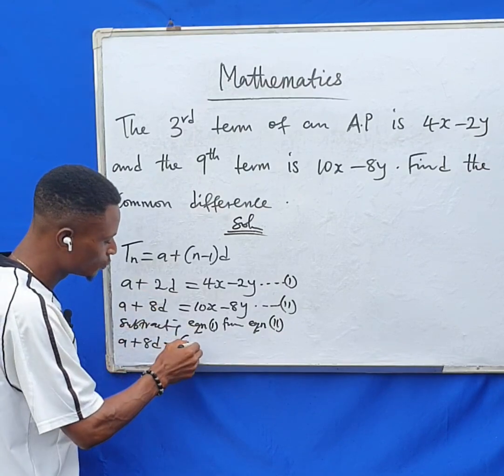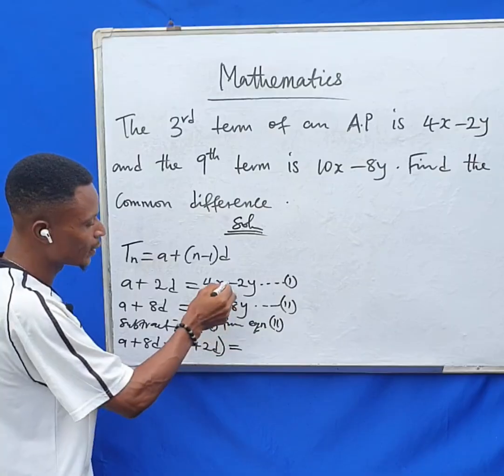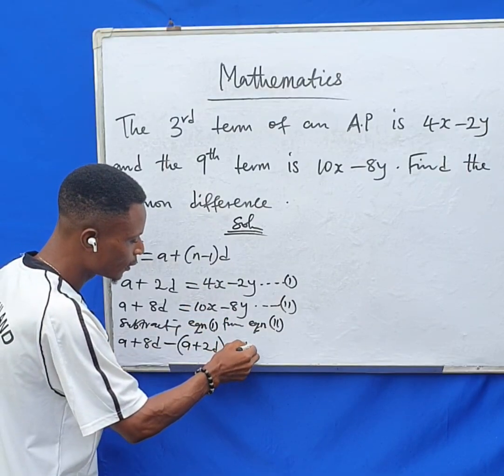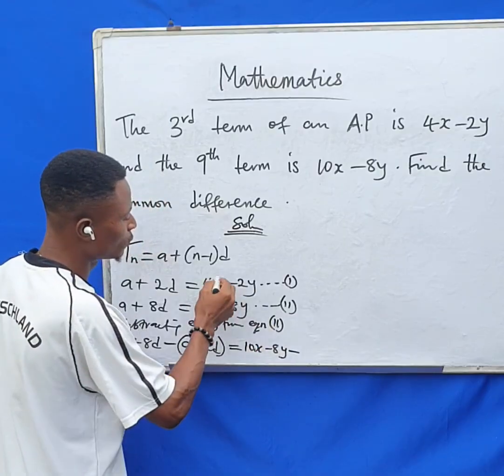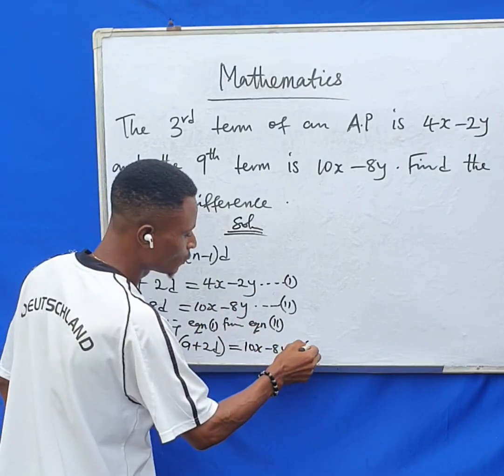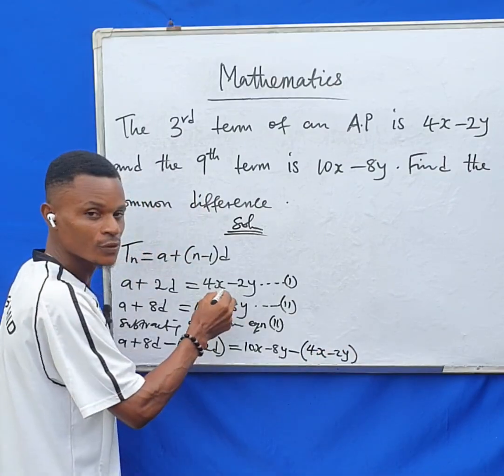A plus 2d. Then equal to this part of equation 2 minus this, to have 10x minus 8y. We'll minus, put this in brackets, 4x minus 2y.